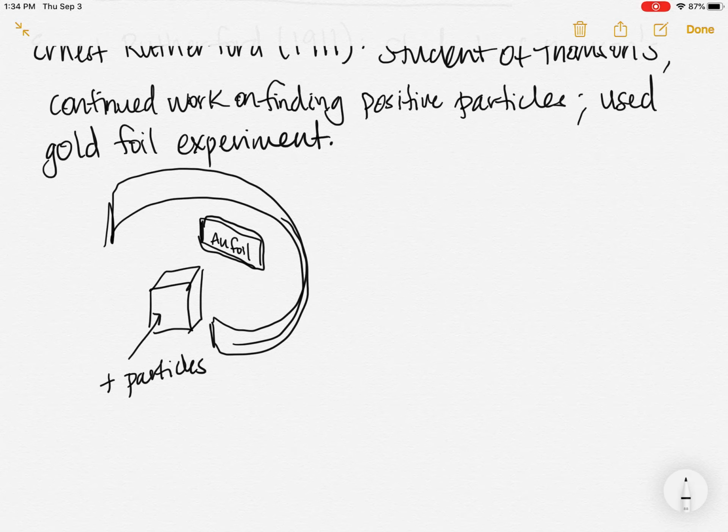So he was able, through some means, to generate these positive particles, and they were contained in this box. And then around the gold foil was a detector strip. If you have ever seen a film strip, like where film used to go in cameras way before the digital age, it's kind of like that, a detector.